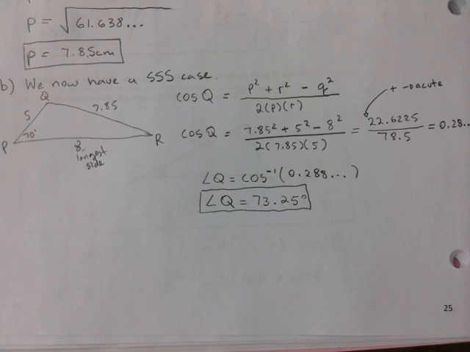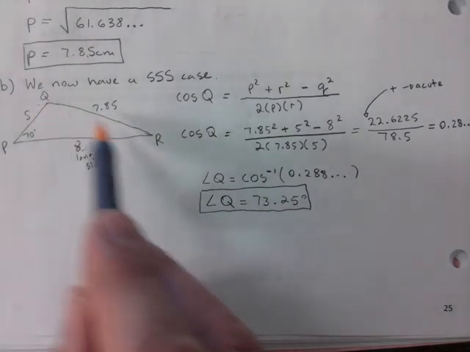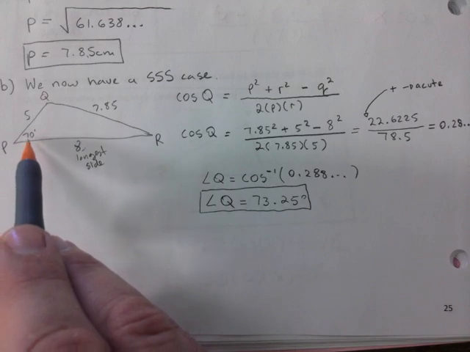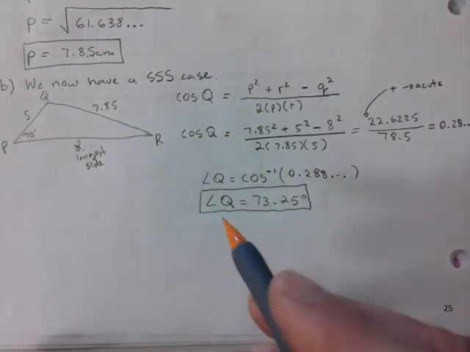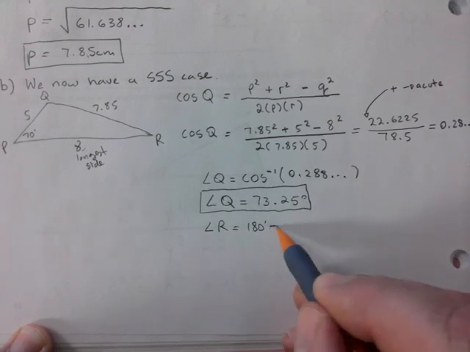Does it make sense that it's 73? It does, right? Because 8 is a little longer than 7.85. So we did expect Q to be slightly larger than 70. And now we can find R using the sum of 180 property.